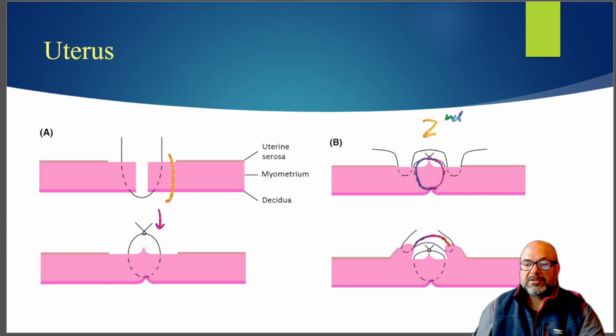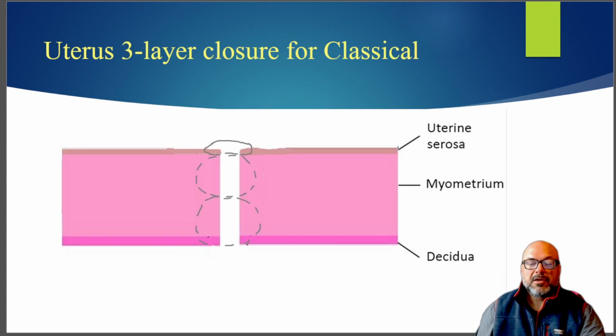So that in the end you've got one layer and then two layers of closure, without a gap in between, obviously, but with that initial closure and then another layer over it, just to thicken up this area of scarring and healing.